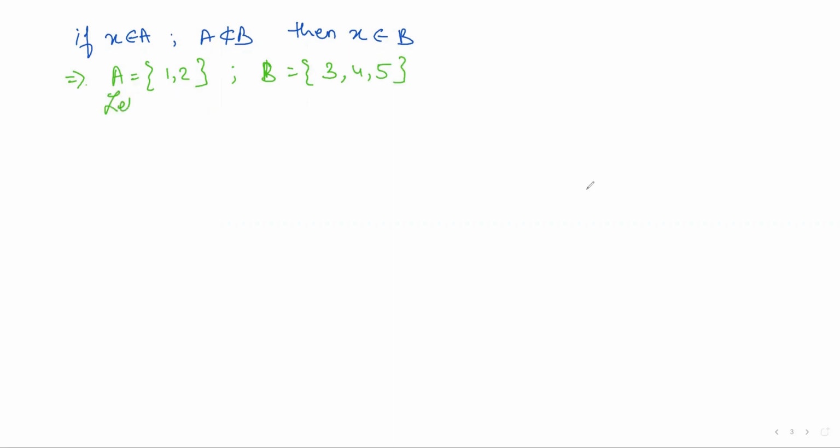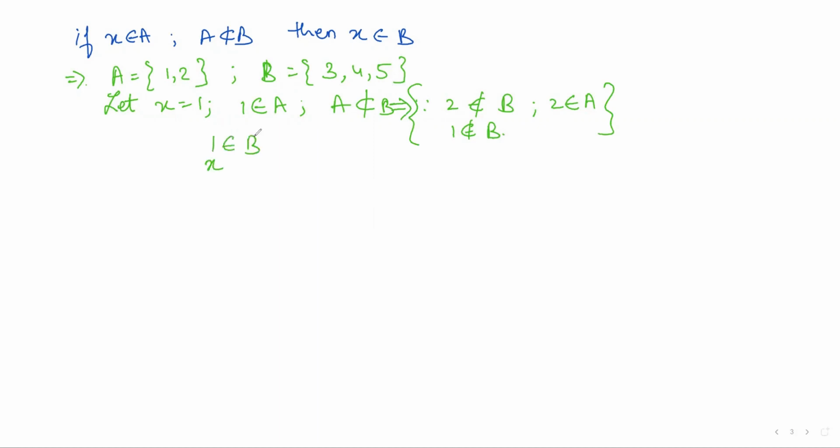Let X be equal to 1. 1 belongs to A. A is not a subset of B since 2 belongs to A but does not belong to B, and 1 does not belong to B. This is a situation for A not being a subset of B. So 1 belongs to A, but 1 does not belong to B, which means your X, which was 1, does not belong to B. Hence, the statement is false.